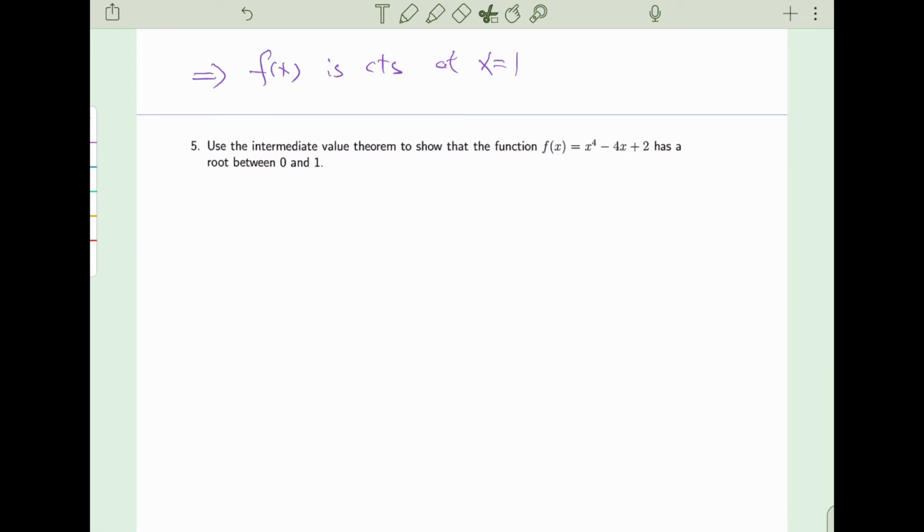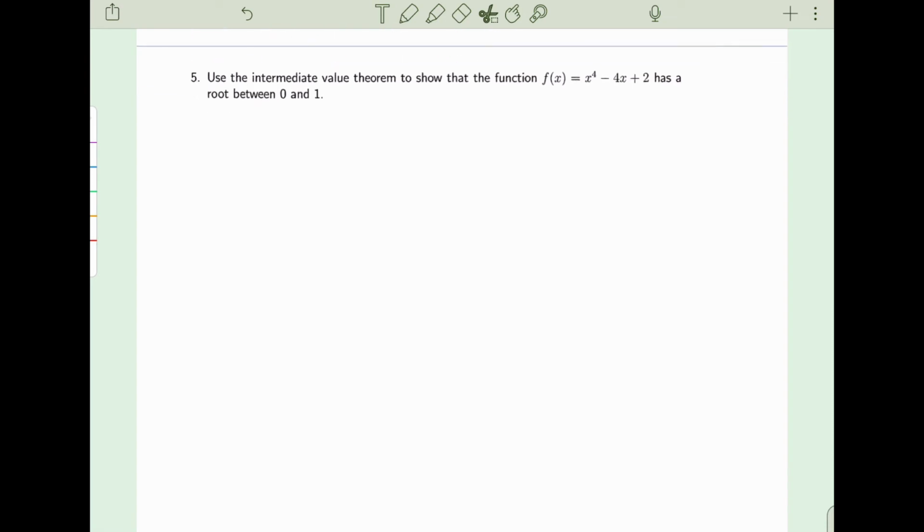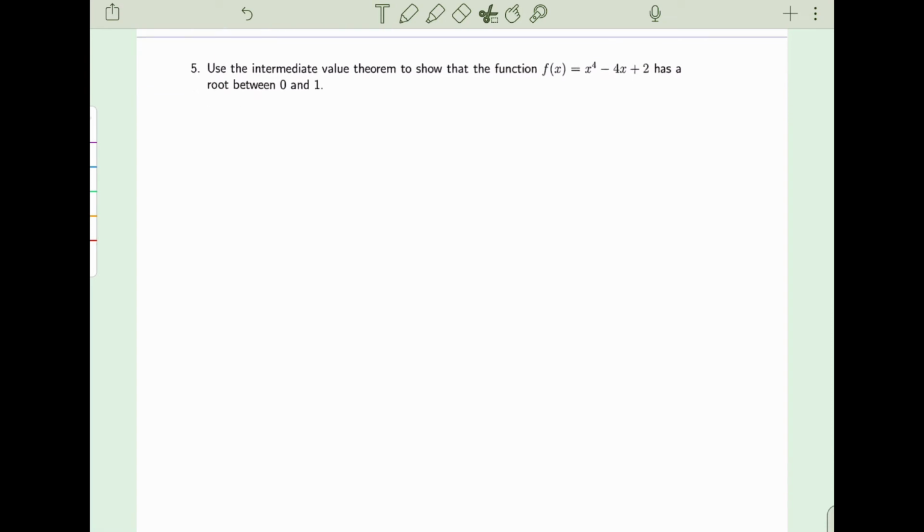Now let's take a look at the next question, question 5 here. It's a question about the intermediate value theorem. So use the intermediate value theorem to show that the function f of x equal to x to the 4 minus 4x plus 2 has a root between 0 and 1. So let's just recall the steps, how to use the intermediate value theorem.